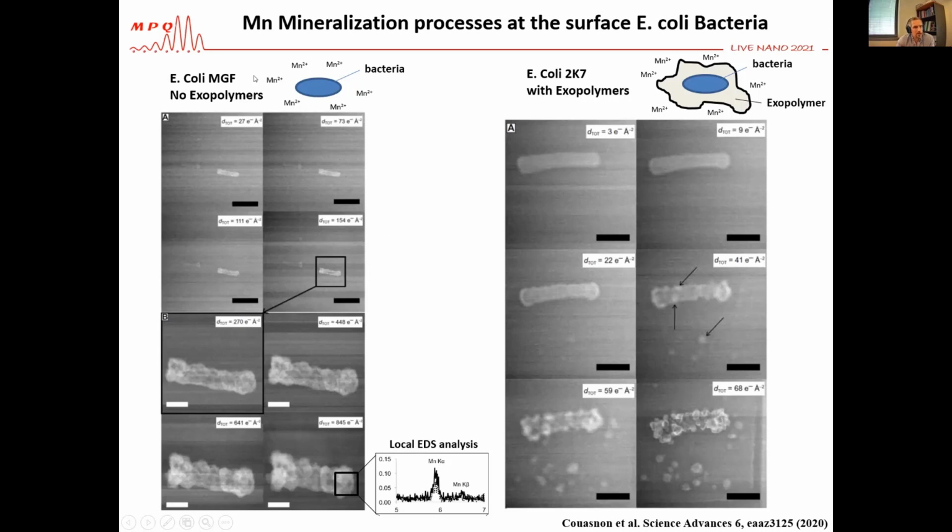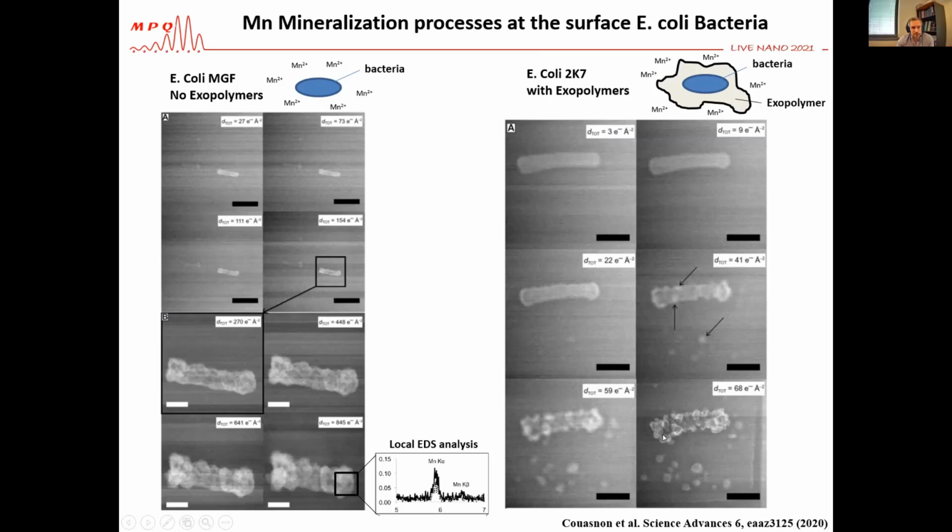On the MGF with no exopolymer, you observe the formation of a homogeneous layer of manganese at the surface of the bacteria. Whereas on the E. coli with a lot of exopolymer at the surface, you observe the formation of isolated and spherical nanoparticles at the surface of the bacteria, and also in the vicinity of the bacteria in the solution.